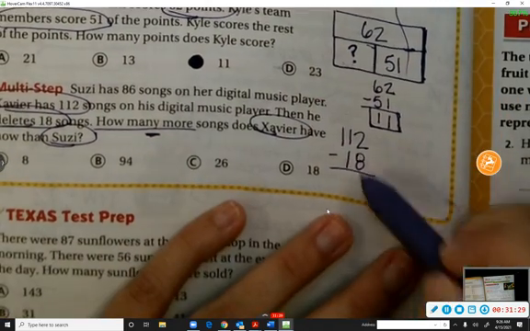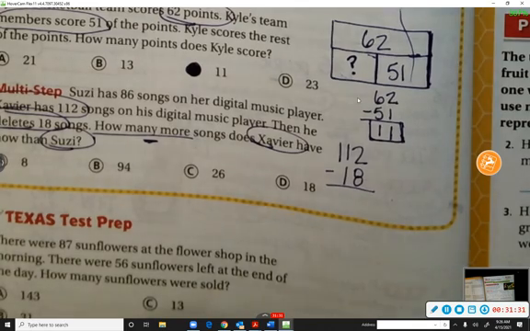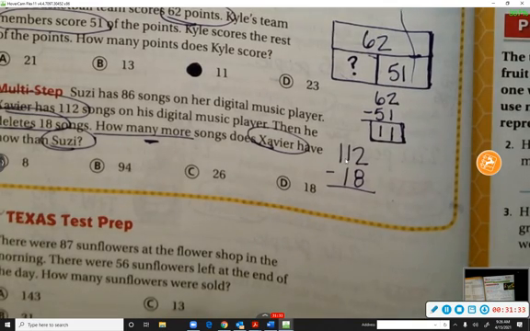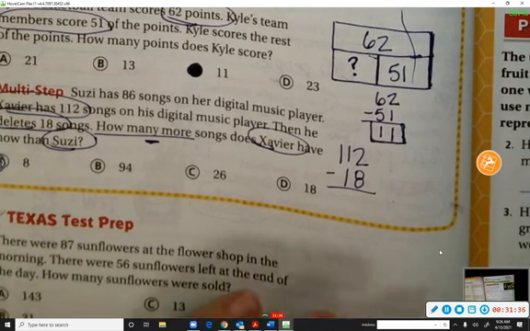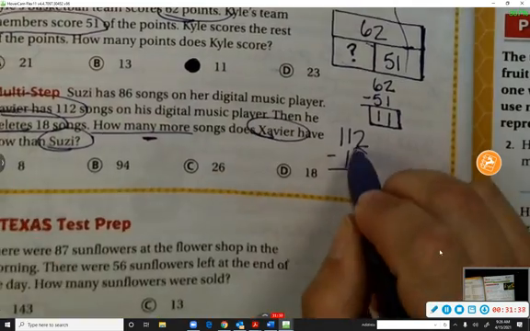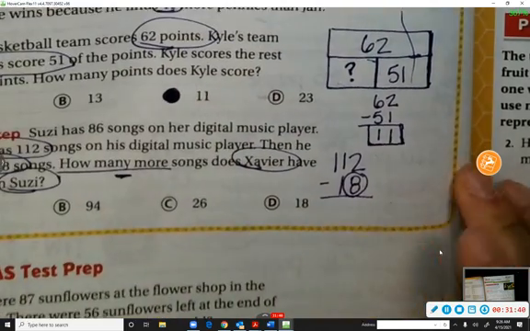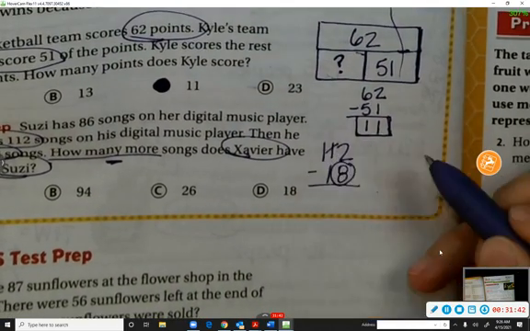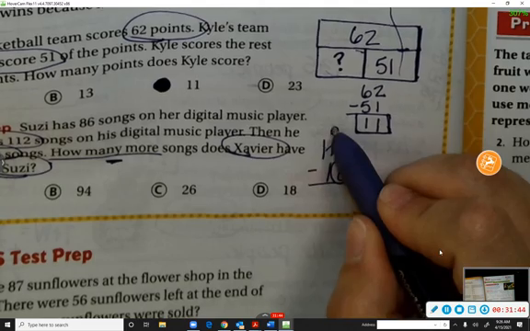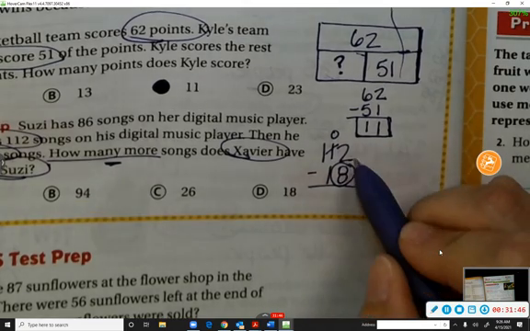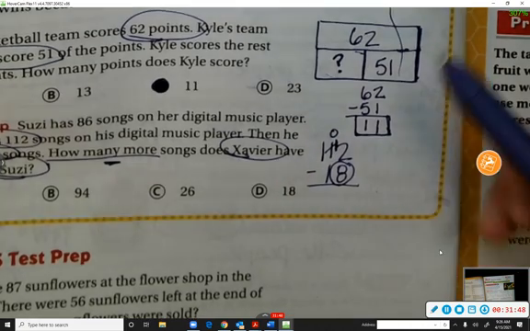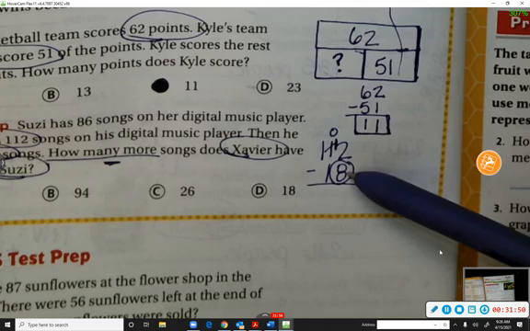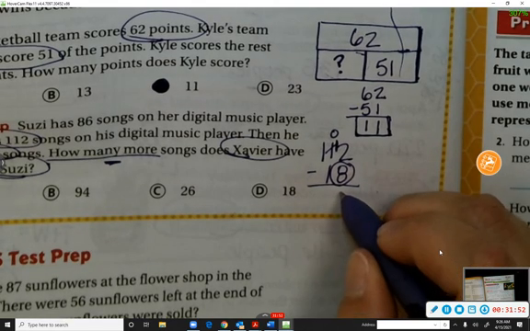Okay? Can I do 2 minus 8, Jalen? 2 minus 8. Is that possible? No, I can't take away if the bottom number is bigger. So I need to borrow from the 1. The 1 becomes 0. 2 becomes 12. Now I can subtract 12 minus 8.